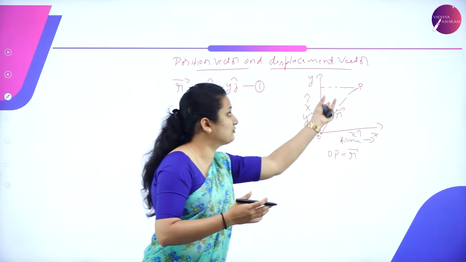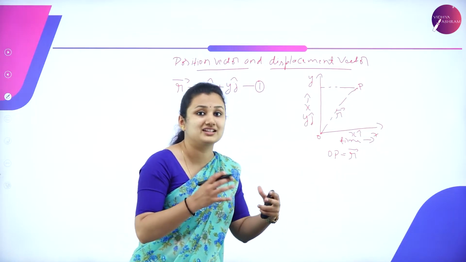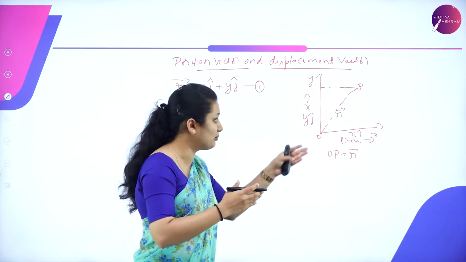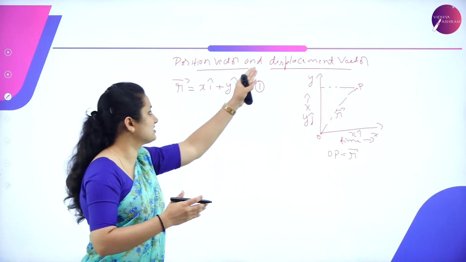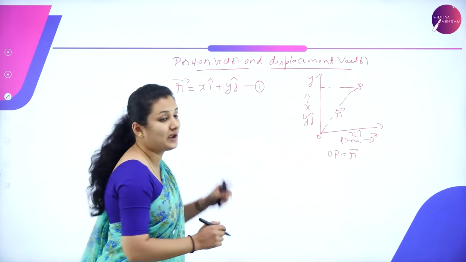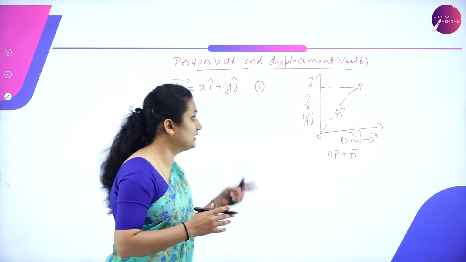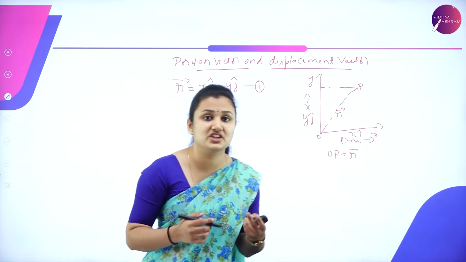How do you resolve? It is split into its respective component along x-axis plus its respective component along y-axis. So this equation 1 is your equation for finding the position vector.